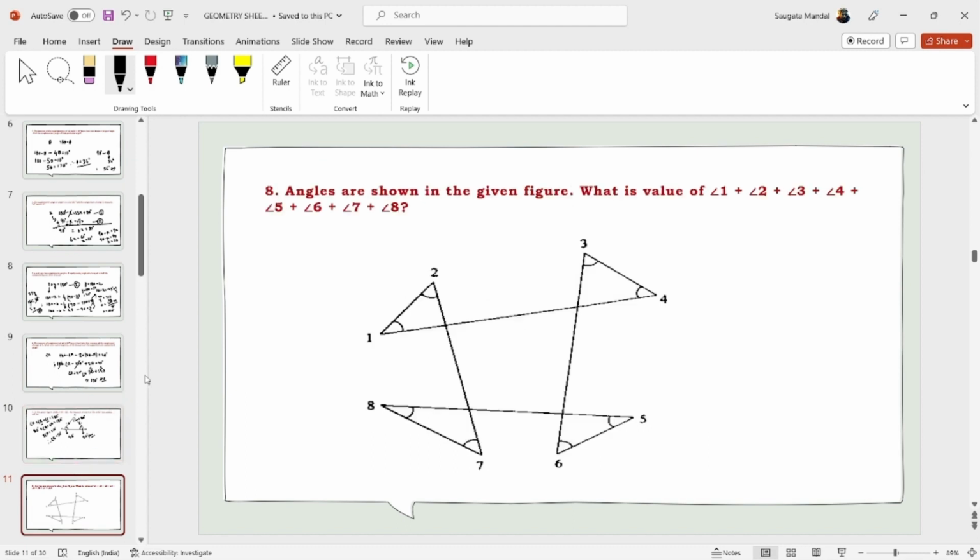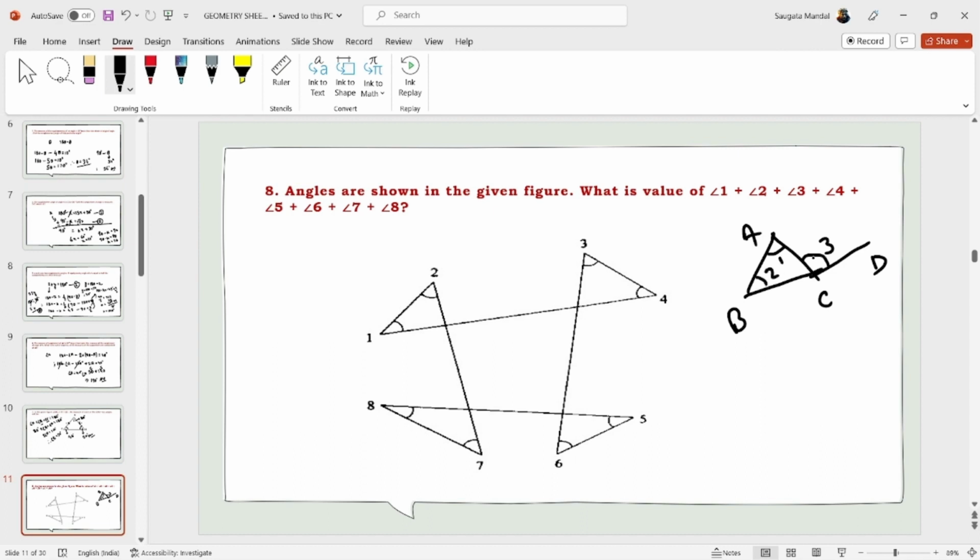Now move on to the next question. Here is a concept. Suppose ABC is a triangle and a line is extended through BC, that is D. This angle is theta 3, this is angle theta 1, and this is angle theta 2.